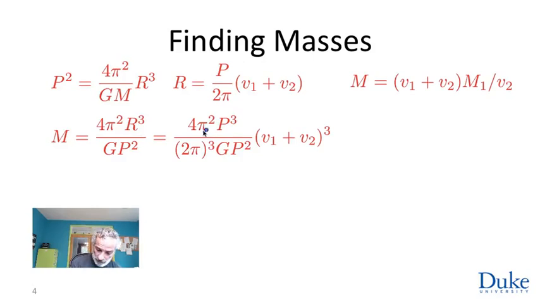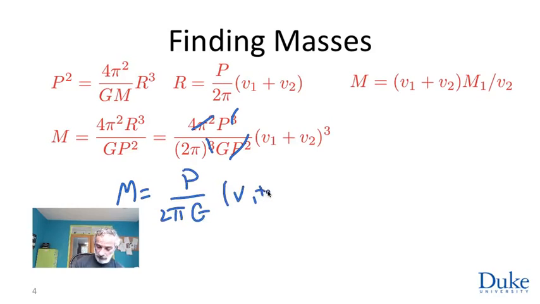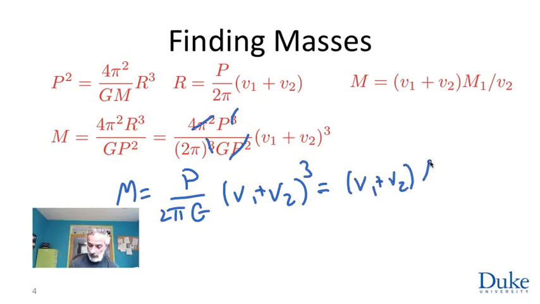And then, for this R cubed, I plug the cube of this expression, and then I see some handy-dandy cancellations going on here. Pi's cancel all over the place, and I get left with 1 power of P up top, and I can write an equation that says that M is P over 2 pi G times (V1 plus V2) cubed. But I also have this other expression for M in terms of my friend M1, and that's (V1 plus V2) M1 over V2.